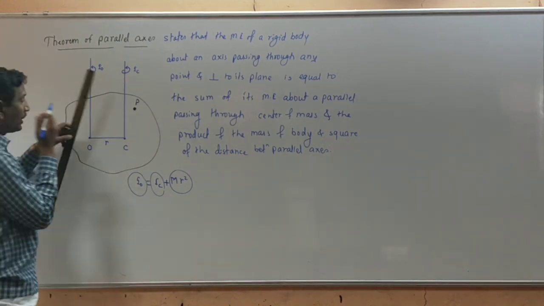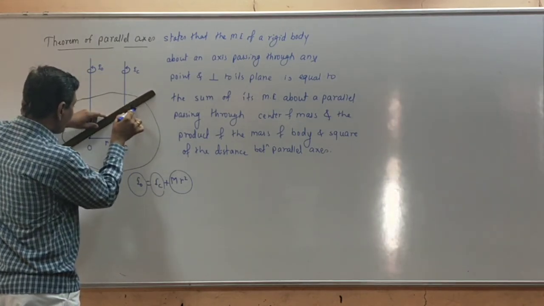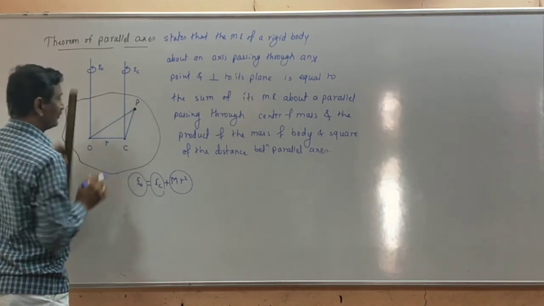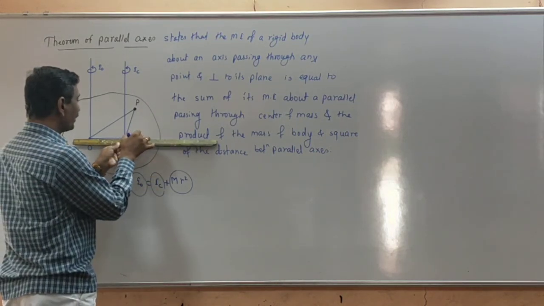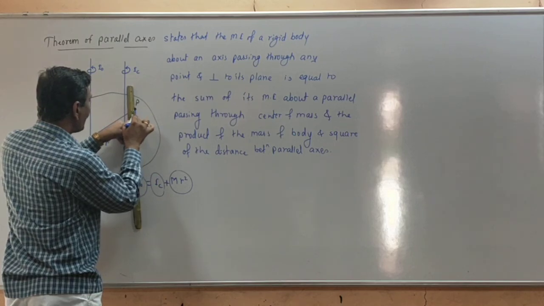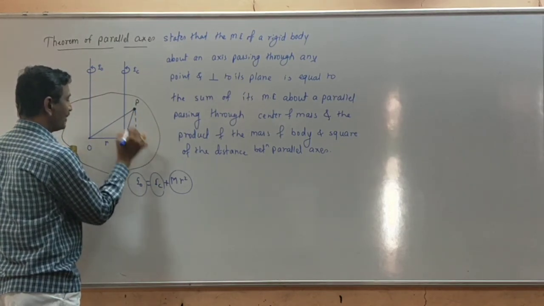Now we join the position of that element to the point C as well as to the point O. And last, draw the perpendicular from point P on OC produced. It is say D.